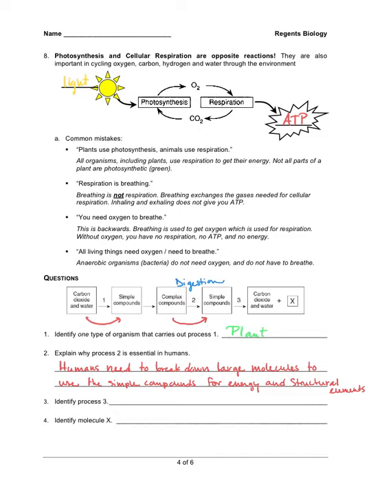Number 3 says identify process number 3, and that's when we take simple compounds and convert them to carbon dioxide and water and also energy. And that process is cellular respiration. And molecule X, that energy molecule that we're creating for number 4, is energy in the form of ATP. So that molecule that we have to create to spread energy throughout all our cells is ATP.